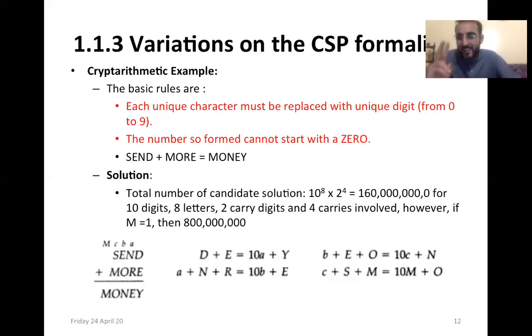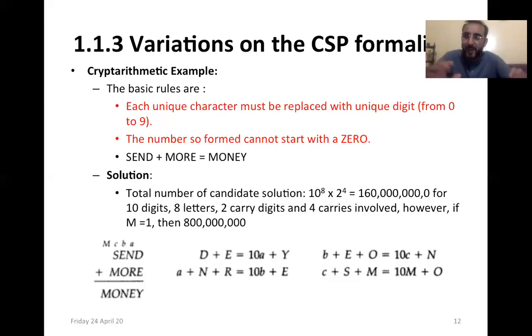A carry can take 2 values, either 0 or 1, and the problem says there is no 0 for the starting number. So M would be 1. And if M is 1, then among these possibilities, half of the possibilities are finished.